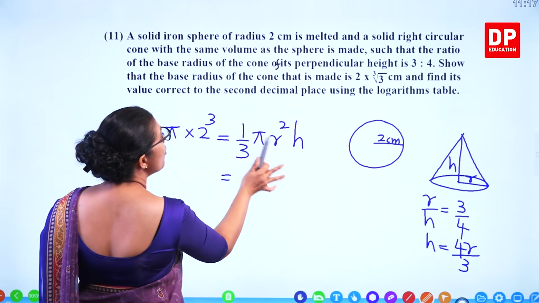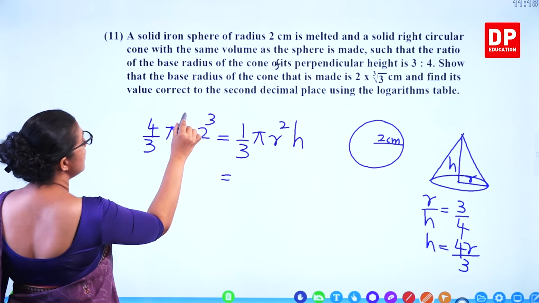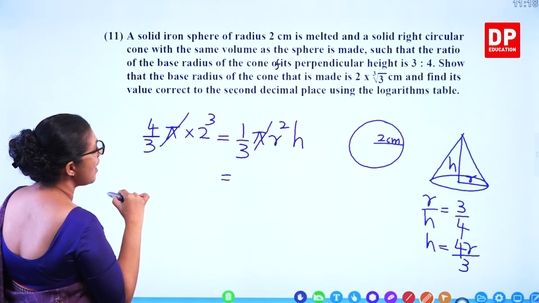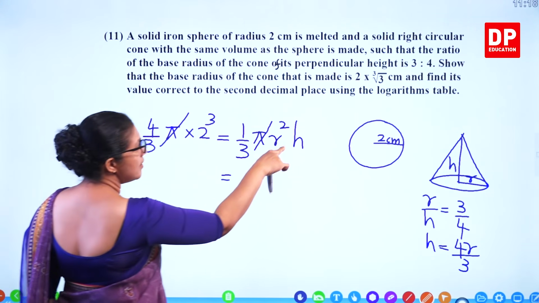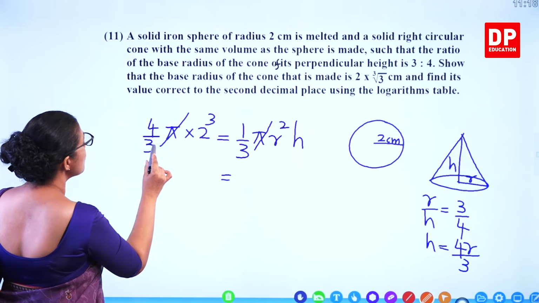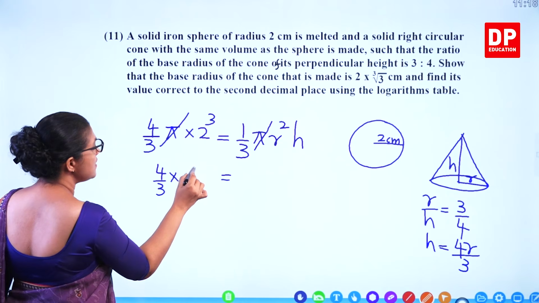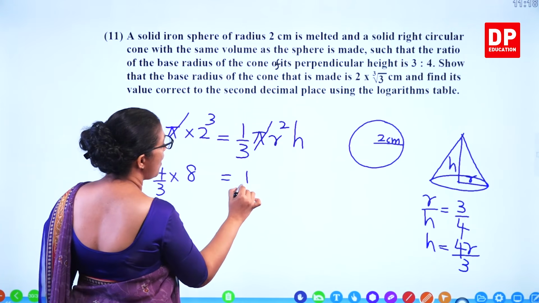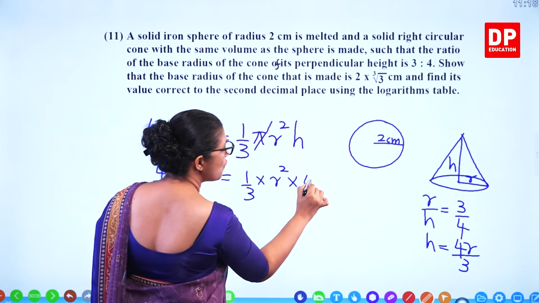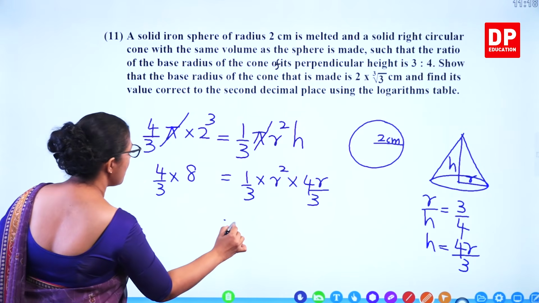Now both the volumes are equal and we can see pi gets cancelled out, and you can substitute H in terms of R. So 4 over 3 times 2 to the power 3, which means 8. Here 1/3 R squared H. H means 4R over 3. Now simplify.